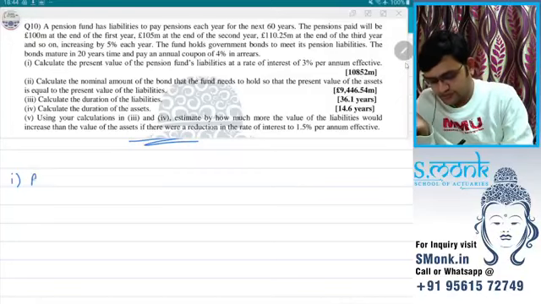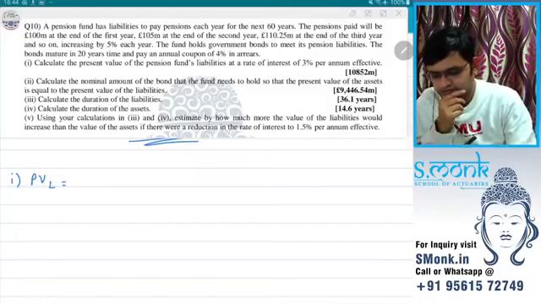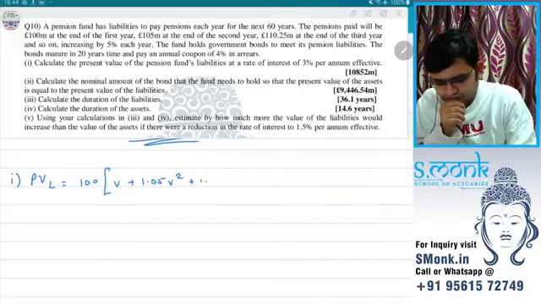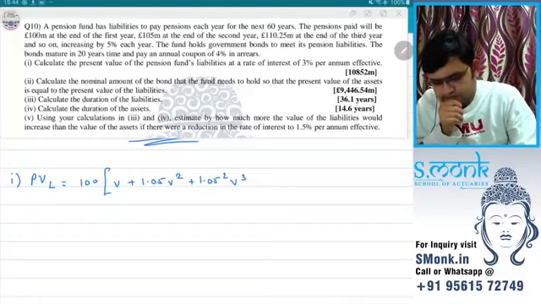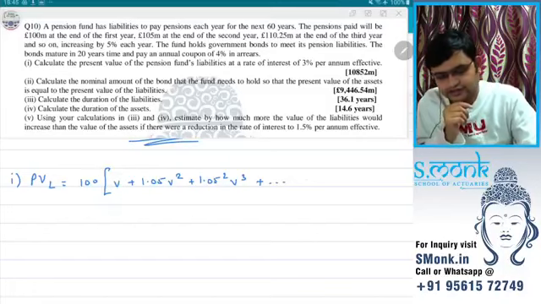So the present value of liabilities will be 100 million at the end of first year, then increase by 5% each year for the next 60 years.